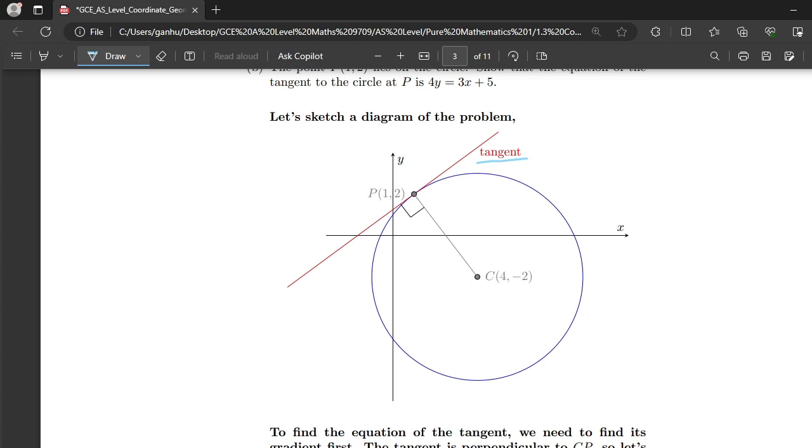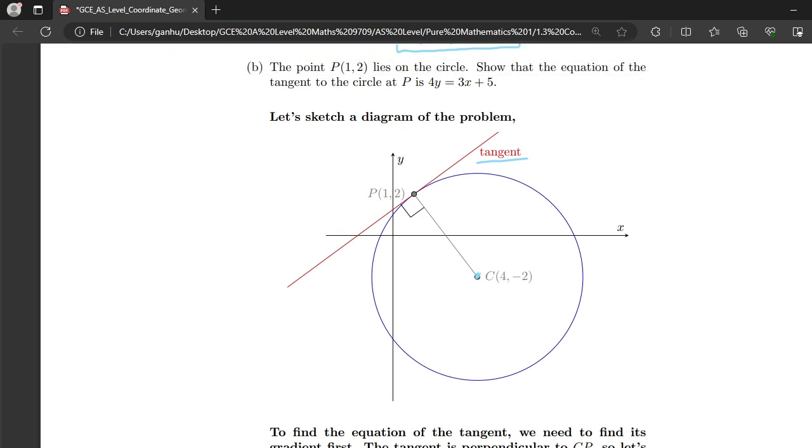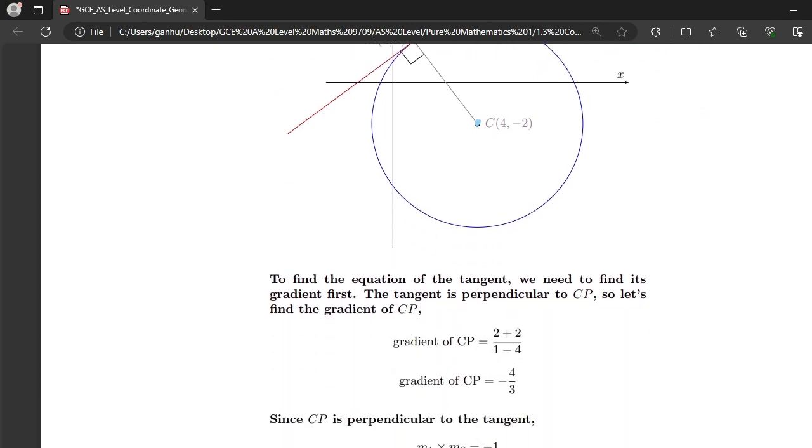You can tell that the tangent is perpendicular to the line from the center to P. So we can use the idea m1 times m2 is equal to negative 1 to find the gradient of the tangent. Let's start by finding the gradient of CP. If you substitute the coordinates of C and P, you get that the gradient of CP is -4/3.